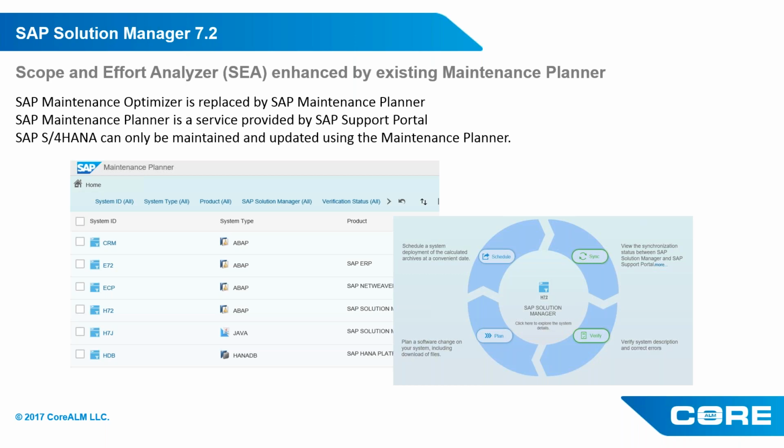Now everything has gone to the maintenance planner, which is a cloud-based solution, and that's the only tool that's going to be used. Even if you're in 7.1, you can also use maintenance planner, it's not a problem, but in 7.2, maintenance optimizer is no longer an option. So that's another area that has changed quite a bit, so keep that in mind.